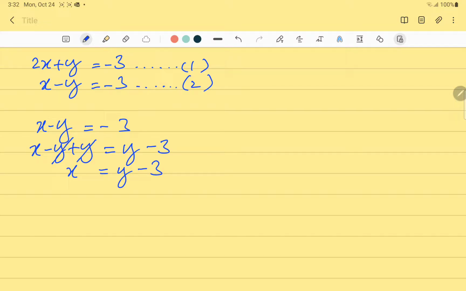We substitute this value of x in equation number 1. Our equation number 1 is 2x + y = -3. Now we substitute the value of x here, which is y - 3.